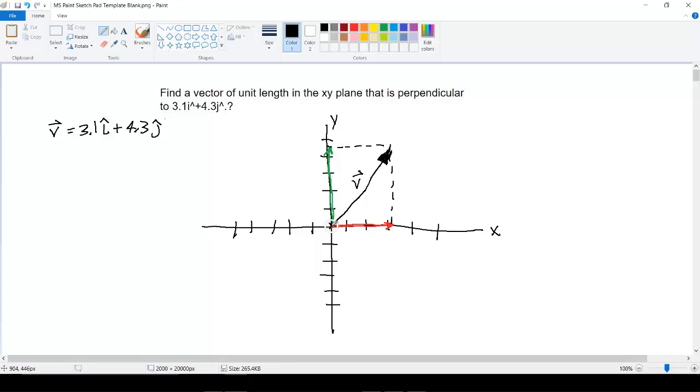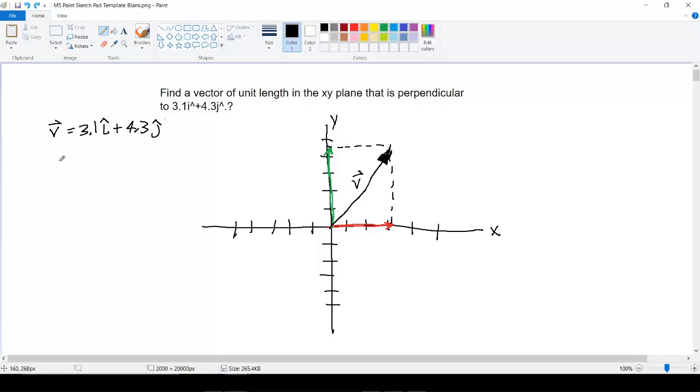Just by sketching it, it's going to go in this direction or this direction. There's two directions it could end up going in, and only two because it has to remain in the xy plane. It doesn't specify which of those two, so whatever direction we end up in will be good enough.